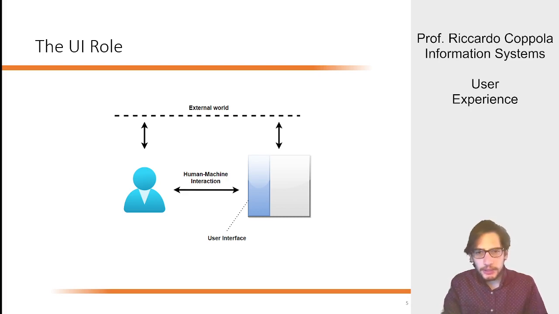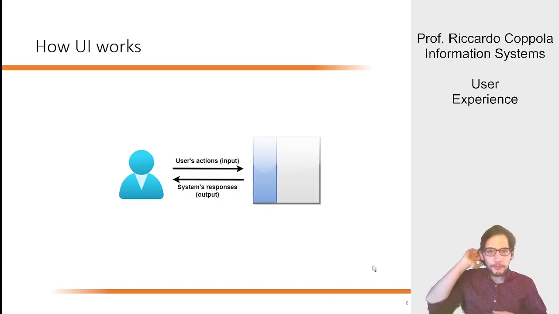When we talked about the use case narrative, we had a ping-pong communication between the system and user. And this ping-pong communication happens all through the user interface. In general, this communication will happen through two different things: the inputs, so the actions that the external user does on the user interface, and these inputs arrive to the system, are elaborated in some way.